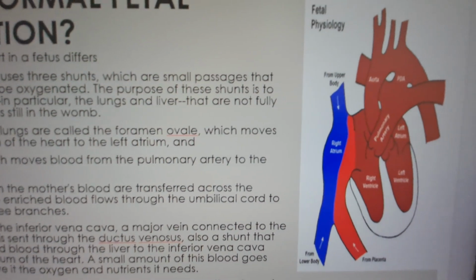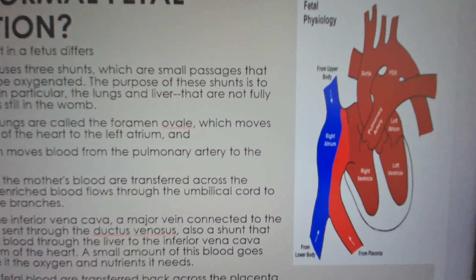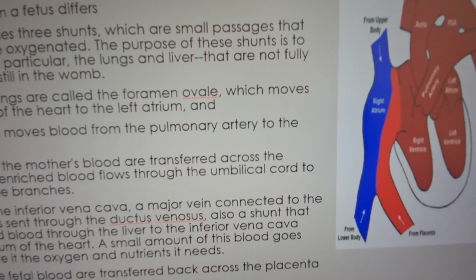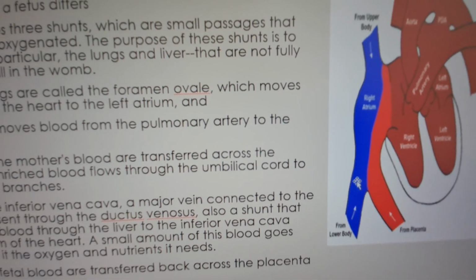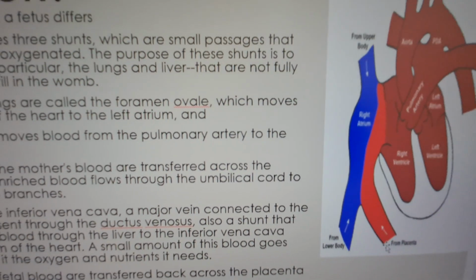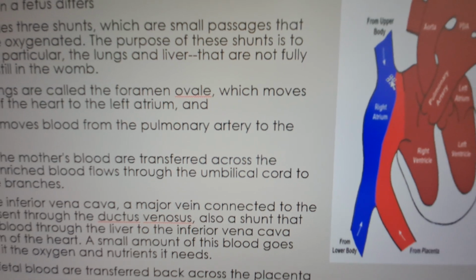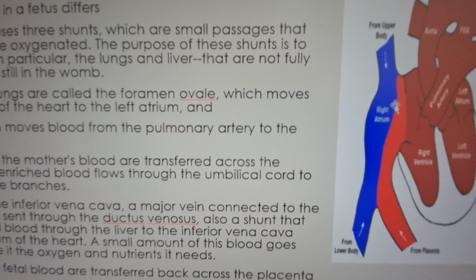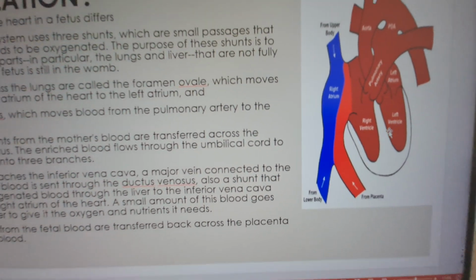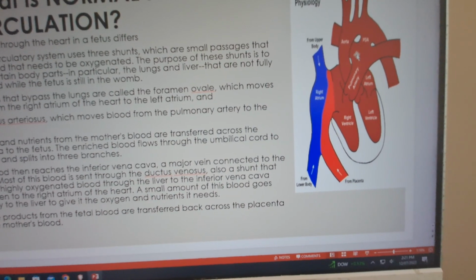So if you just see this picture, it gives us the normal physiology of the heart, where the body starts from the lower side. You see that this is the right atrium of the heart, and this is the placental flow of the vessels going from above to the right atrium of the heart, and this is the upper part of the body, and this is the right ventricle, and this is the pulmonary artery.